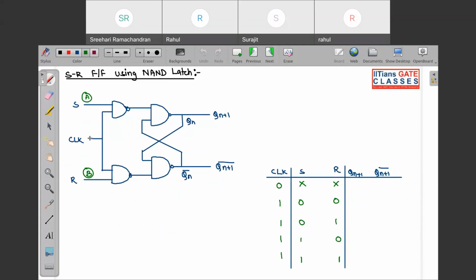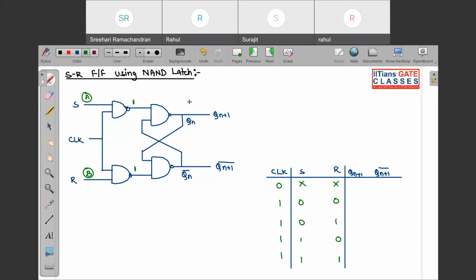So when we apply clock as 0, what will happen? If we apply clock as 0, so this will be 1, this will be 1. So if these two are 1 1, what will we get? So yes, this will be 1 1.